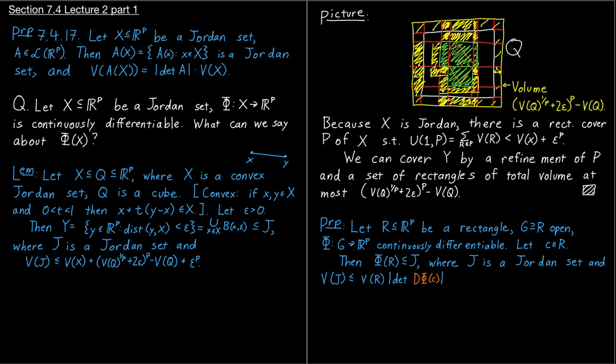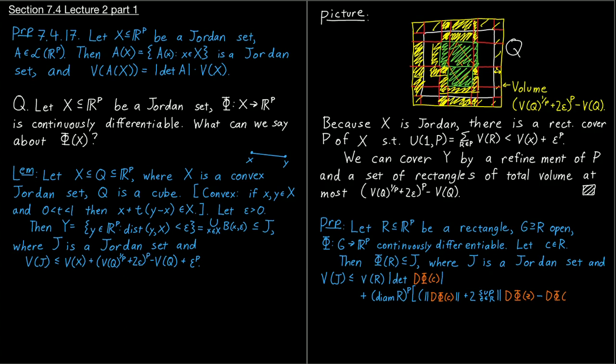And then we have to add to that a whole mess: the diameter of R to the pth power, and then a long expression: the norm of our linear operator plus 2 times the supremum over all points z in R of the operator norm of d phi of z minus d phi of c.